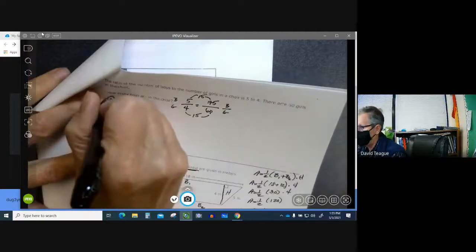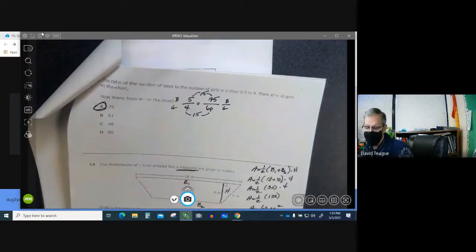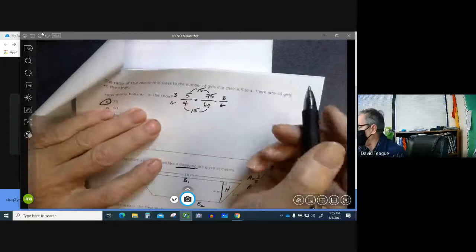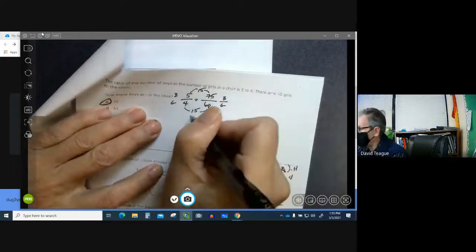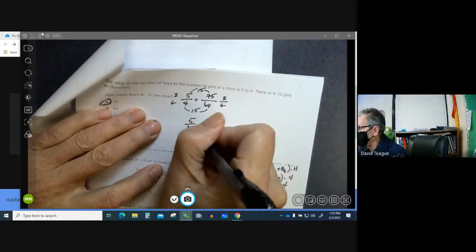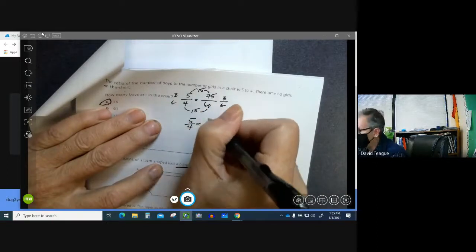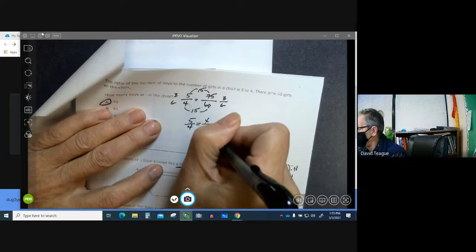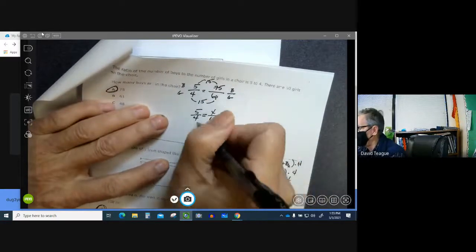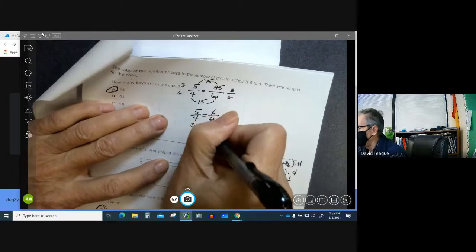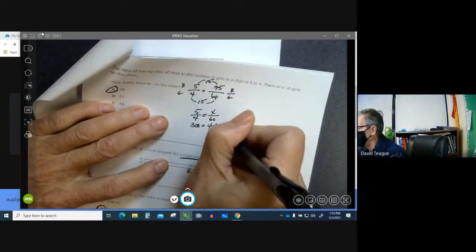So that's my answer. I want to show you another way to do it, and you'll probably learn this next year when you do algebra, but it's called cross multiply. So you take 5 over 4 is equal to x over 60, and you cross multiply. So 5 times 60 is 300, is equal to 4x.